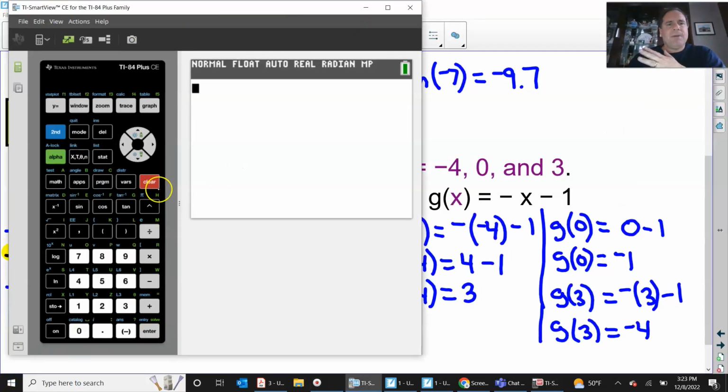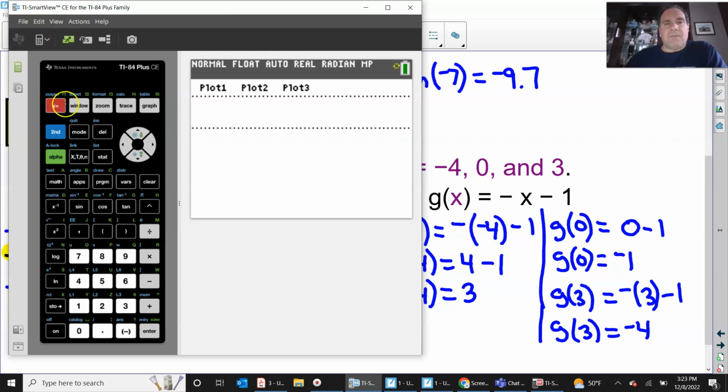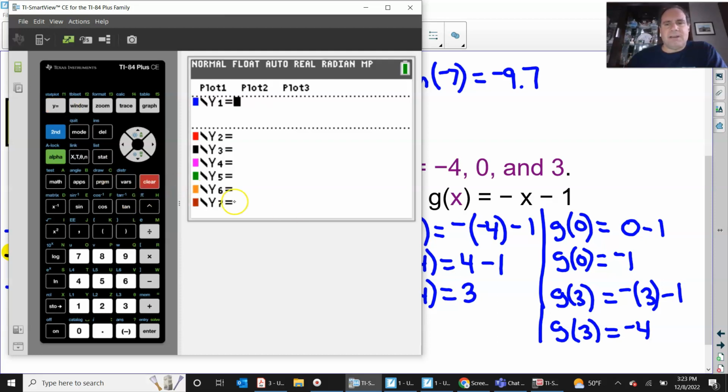So remember, we always say that we could use the calculator every step of the way, and we can. If they give you an equation like this and want you to evaluate it for x equals negative 4, we could just put this into the calculator, negative x minus 1.